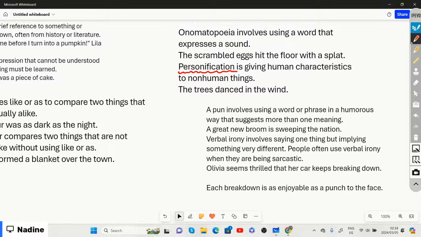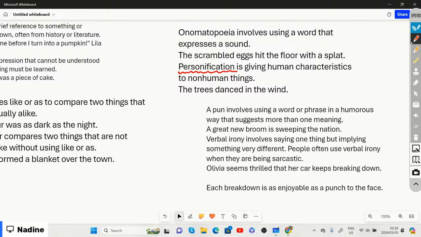So for personification, it gives human characteristics to non-human things. And if we look at a tree, we can say that the tree danced in the wind, right?